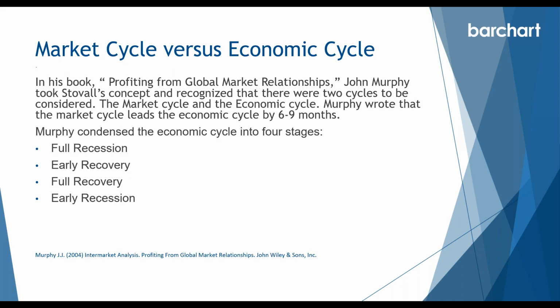Later on, John Murphy, in his book Profiting from Global Market Relationships, built upon Stovall's concepts, and said there were two cycles we needed to consider: market cycles, which is basically the rhythm of the stock market, the ups and downs, the bull and bear trends, and the economic cycle, which is really the driver that defines economic conditions, the robustness of the market.